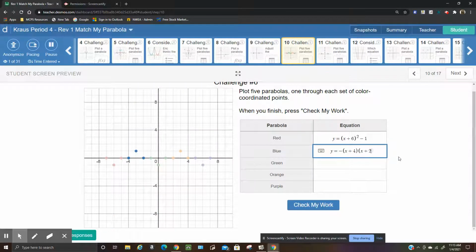Or if I use the vertex form, I want to use the vertex form on all these, and I'll show you why in a minute. So x +3 quantity squared +1.